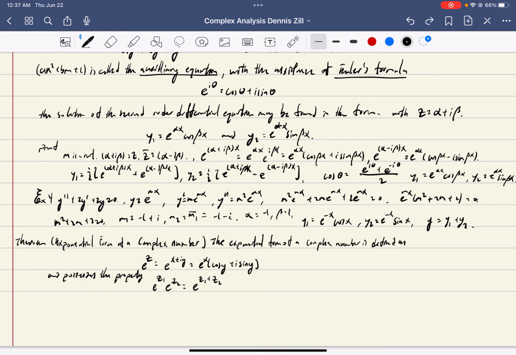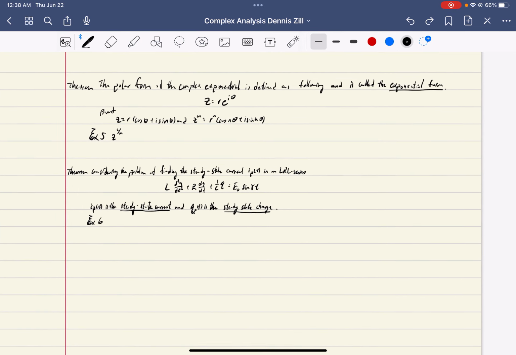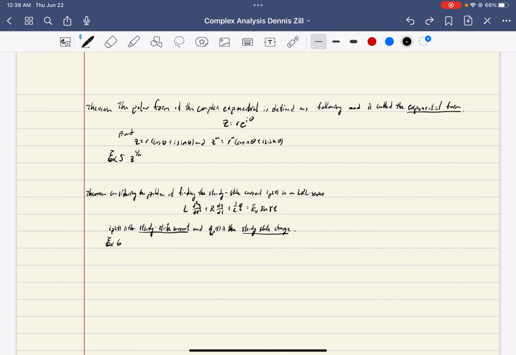And then we can write the imaginary component into cosine and sine with the aid of Euler's formula, and now it possesses the property that if you multiply them together, e to the z1 multiplied by e to the z2 is equal to e to the z1 plus z2, if you add the exponents together, right? And now the polar form of the complex exponential is defined as the following, and it's called the exponential form.